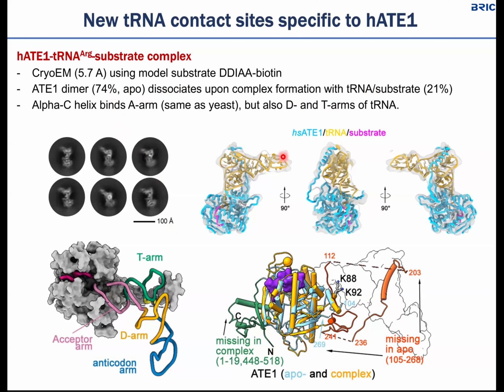This finding suggests that the AT1 dimer dissociates upon binding of tRNA and/or the substrate. In addition to the alpha C helix that interacts with the acceptor arm of tRNA, which is a common feature shared with yeast AT1, human AT1 also uniquely established a secondary contact site with the D and T arms of tRNA that stabilizes the divergent long loop containing the alpha C helix loop.